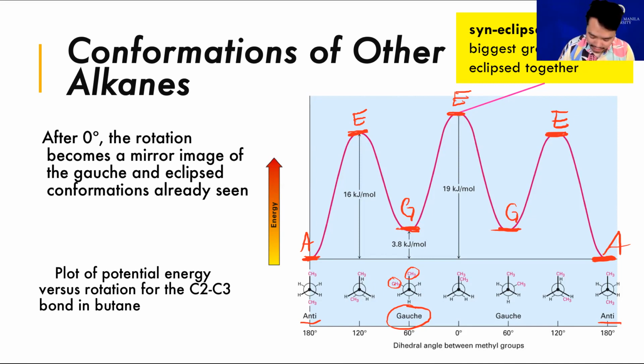Or in this case, the two CH3 groups are eclipsed to each other. This is called the syn eclipsed, the highest energy form of a molecule. The two largest groups are perfectly aligned to each other. Syn, it's a sin. It's evil. It's bad. It's unstable. Syn really means same side, by the way.